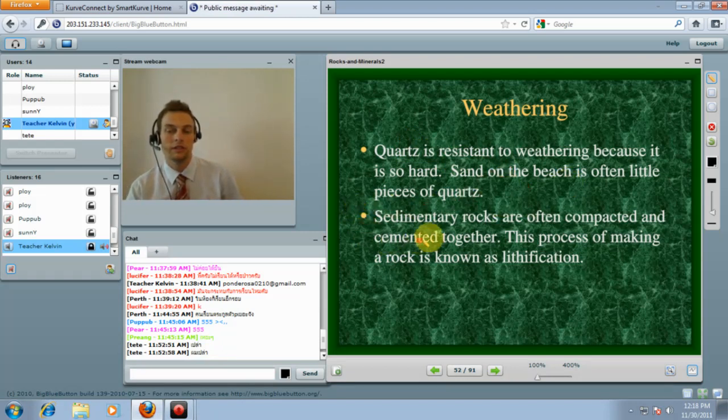So the cementation of sedimentary rocks is known as lithification. And memorize this if you want to. I prefer if you just understand that certain rocks can be compacted together and they can be glued together by different substances. And it's more important to know what that is than this word.